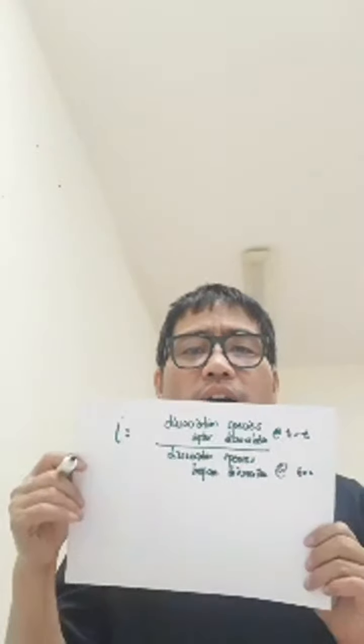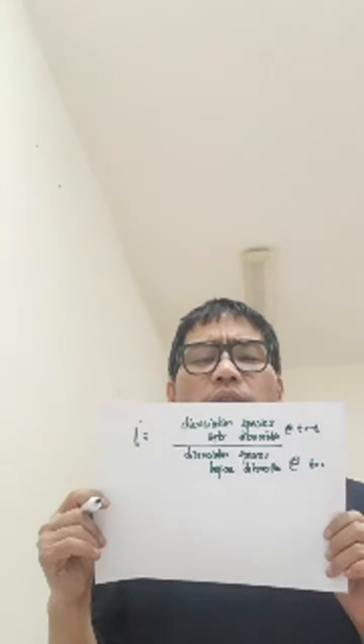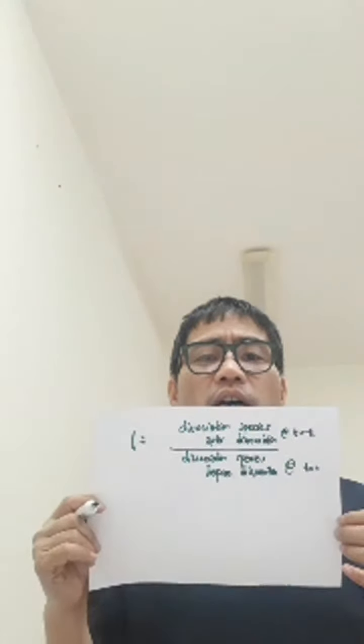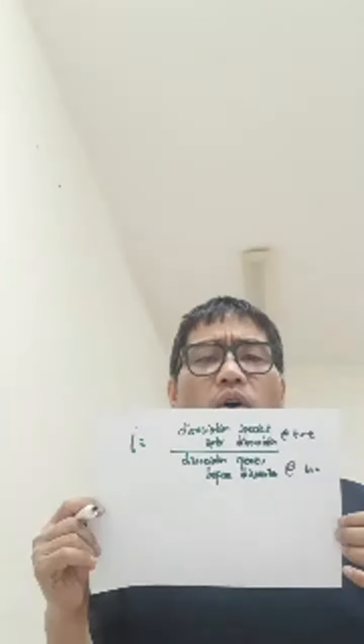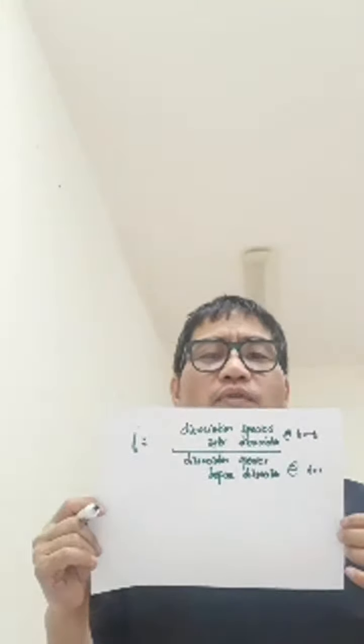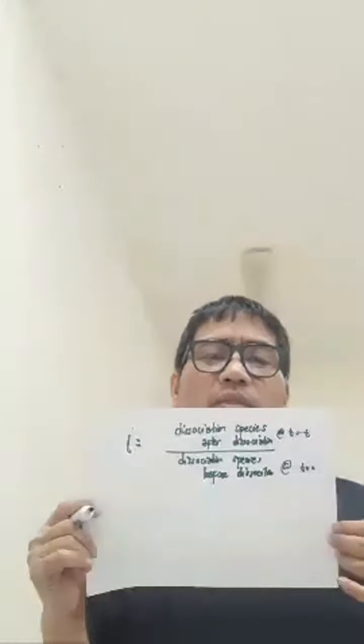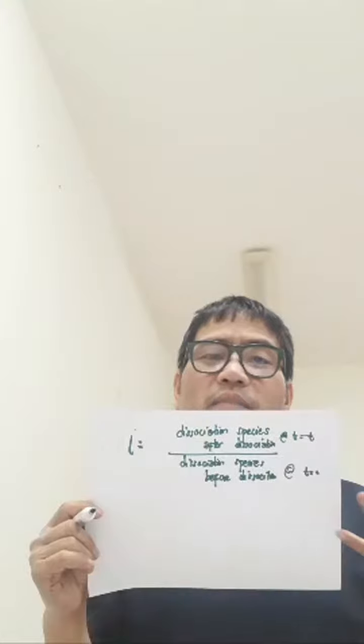So our van't Hoff factor, or dissociation factor, is equal to the dissociation species after dissociation over the dissociation species before dissociation. Before dissociation, we have time equal to 0; we have no time yet.